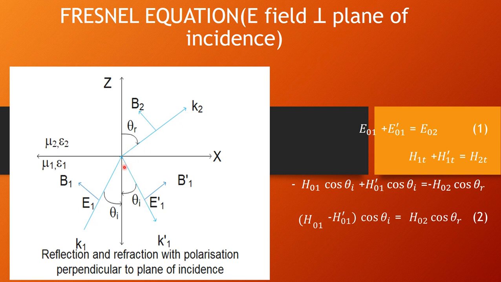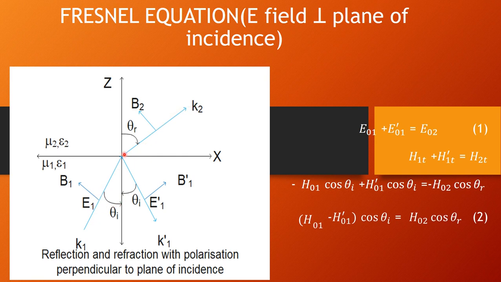This is the reflected wave along this direction, whose propagation vector is say k1 dash, and the refracted wave whose propagation vector is k2.